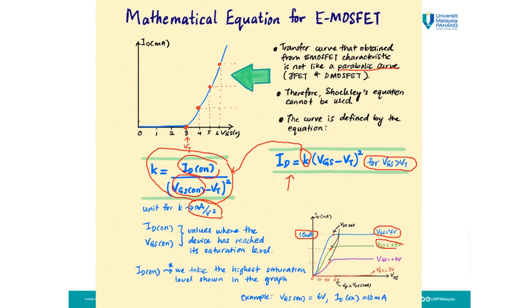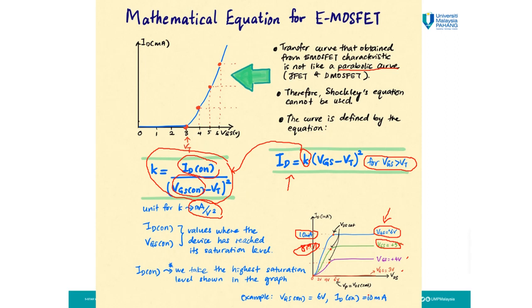For the second level, VGS is 5, and let's say this is 8 milliampere. So this is the ID on and VGS on for this level. It means that each level has its own ID on and VGS on value. But normally we take the highest saturation level shown in the graph, to insert in the equation.